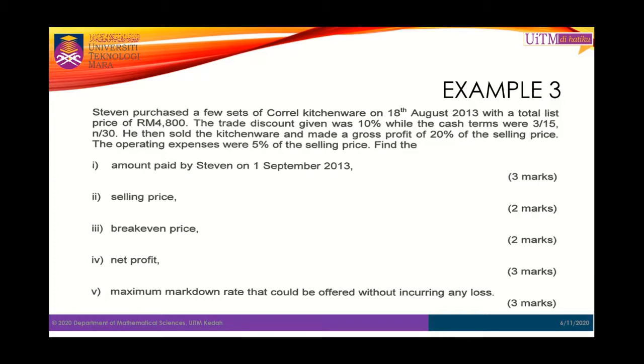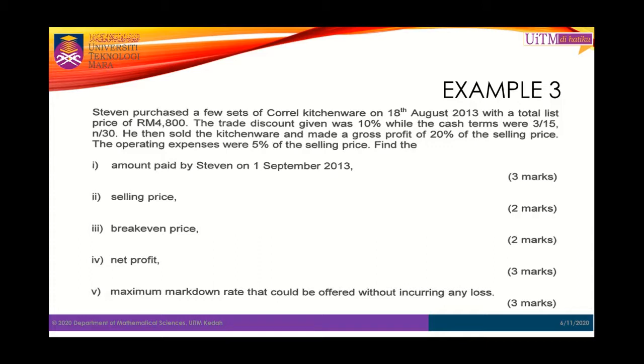He then sold the kitchenware and made a gross profit of 20% of the selling price, and the operating expenses were 5% of the selling price. The first question asks for the amount paid by Steven on 1st September 2013.